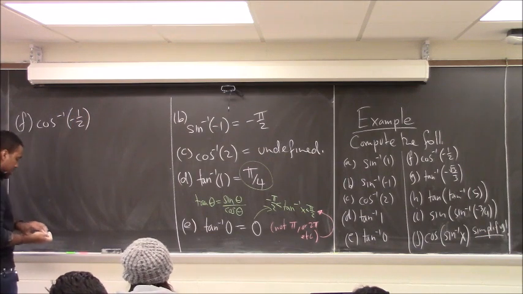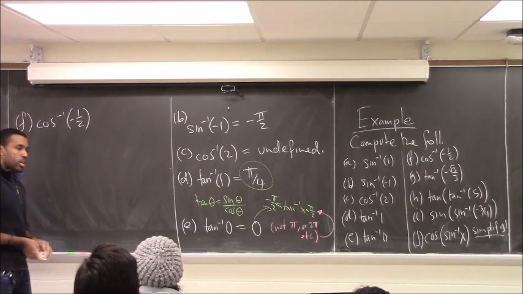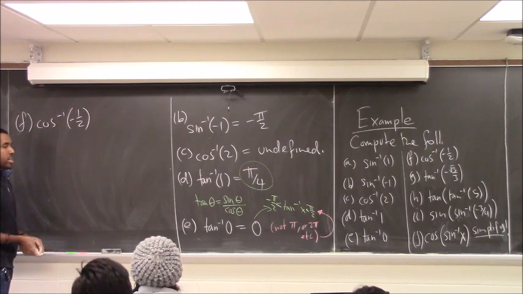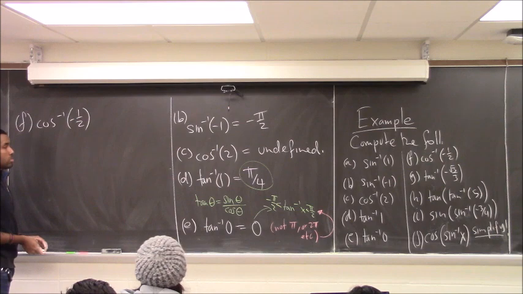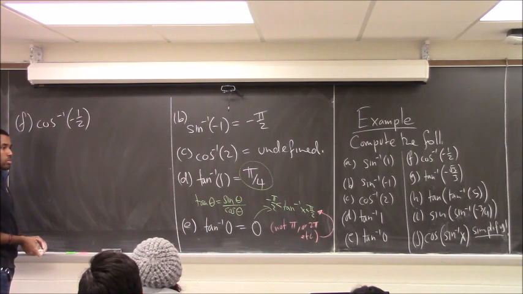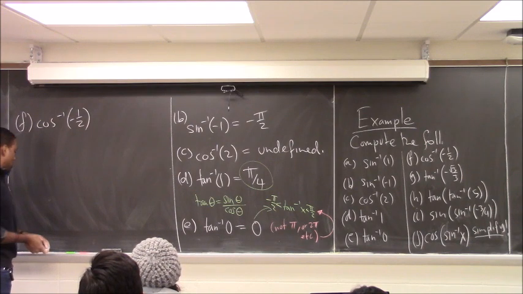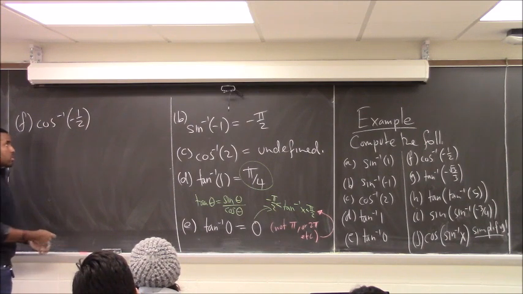Cosine inverse of minus a half. What do I need to plug into cosine to get minus 1/2? So here's what my thought process would be.